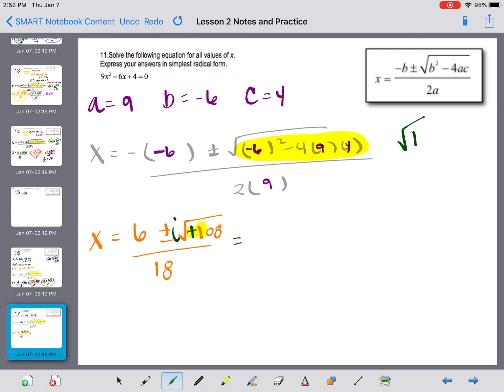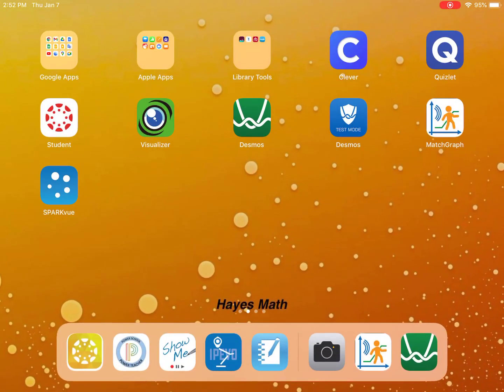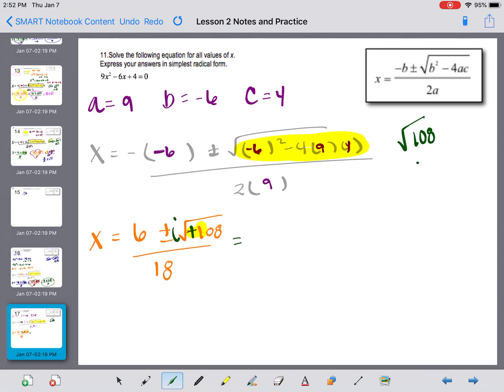And let's see how we can simplify 108. I think the largest perfect square that can go into 108 is 36. Yep, it goes in 3 times. So this is 36 times 3. The square root of 36 is 6. And the 3 is left over.